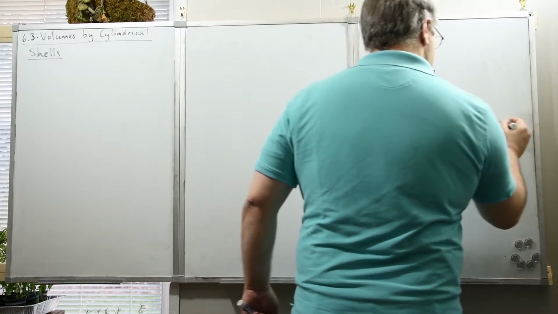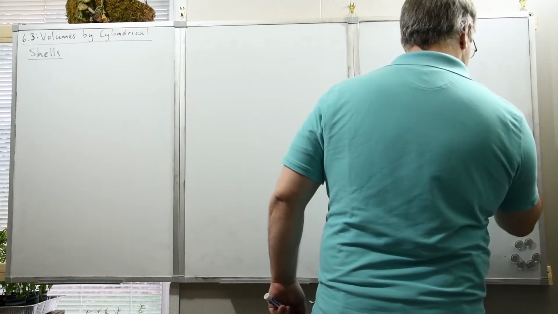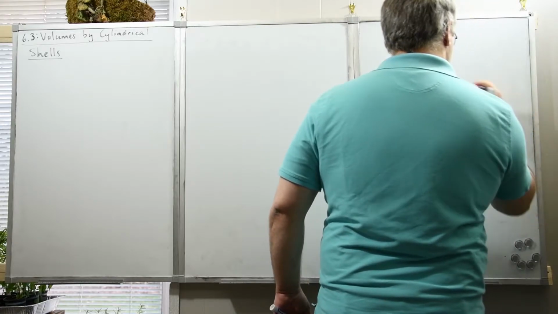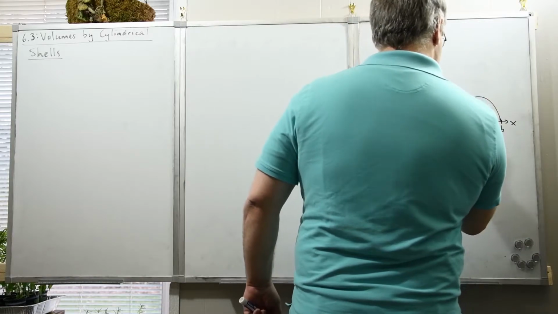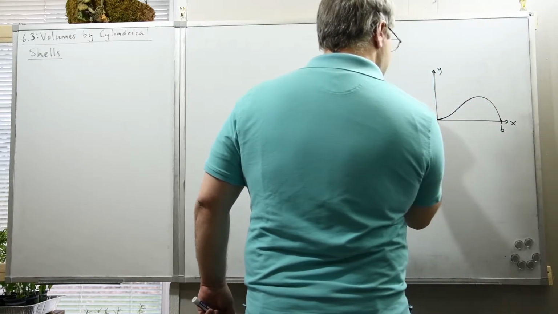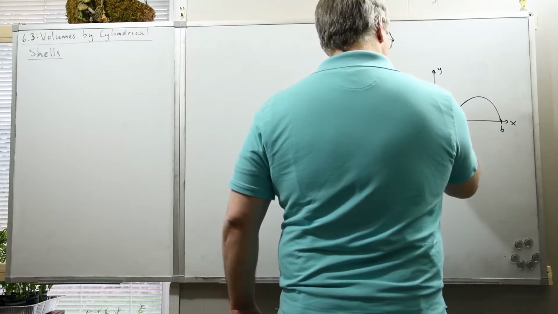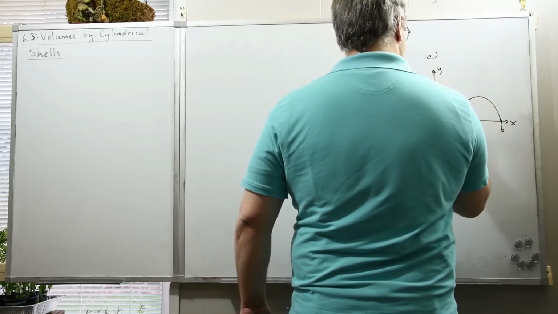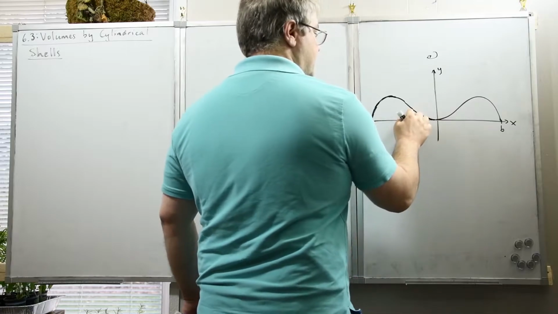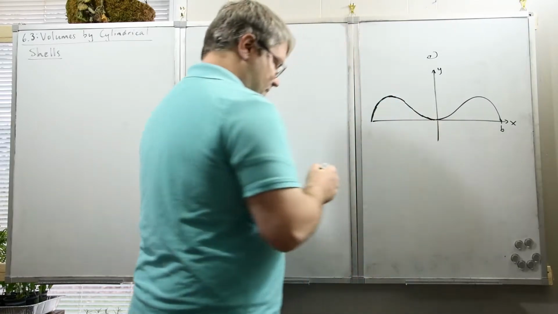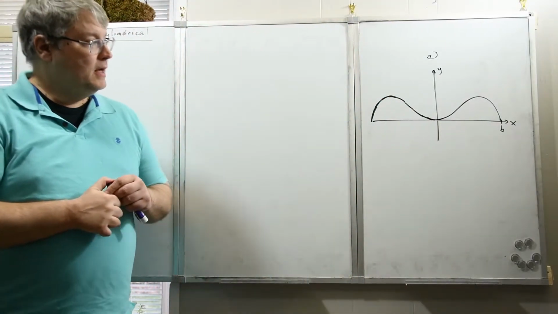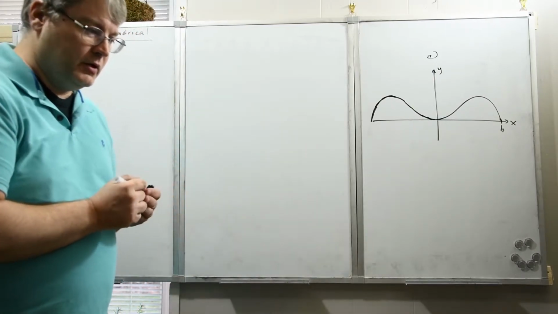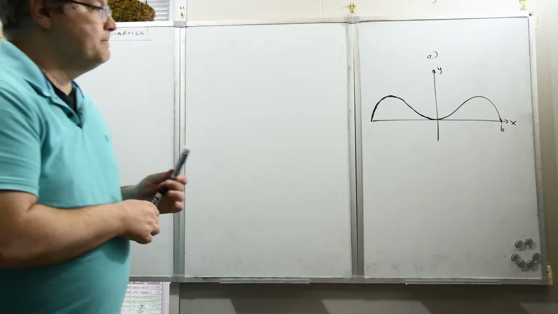So let's take a look at a similar picture. Maybe we have a mirror image once again. Okay, the solid of revolution. And what we're going to do, instead of using washers, is we're going to use what are called cylindrical shells.